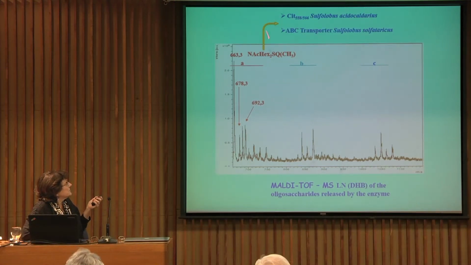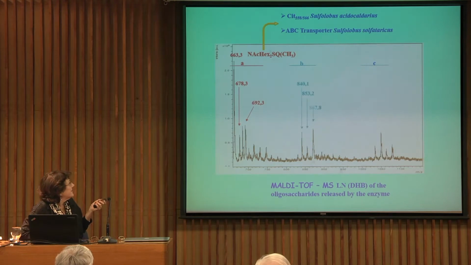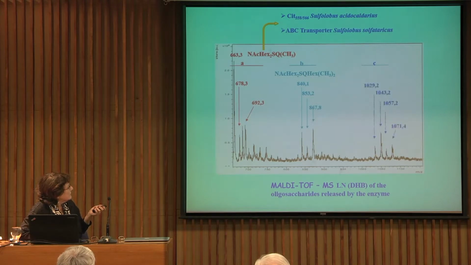This structure had already been determined in other glycoproteins from Archaea, so it was not so bad. When we passed to the other cluster of ions, we obtained the same structure but with 1 hexose more. And in the third cluster, another hexose more, also with a different number of methyl groups substituted.